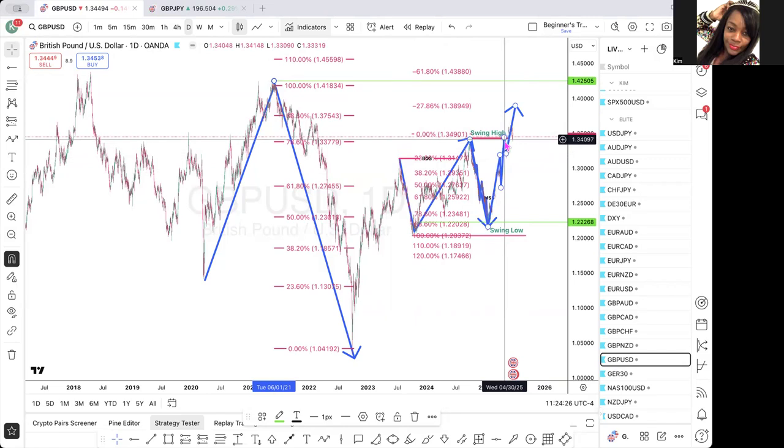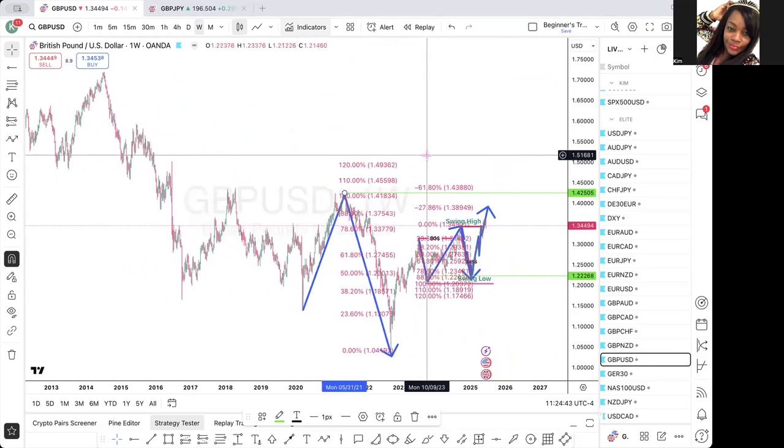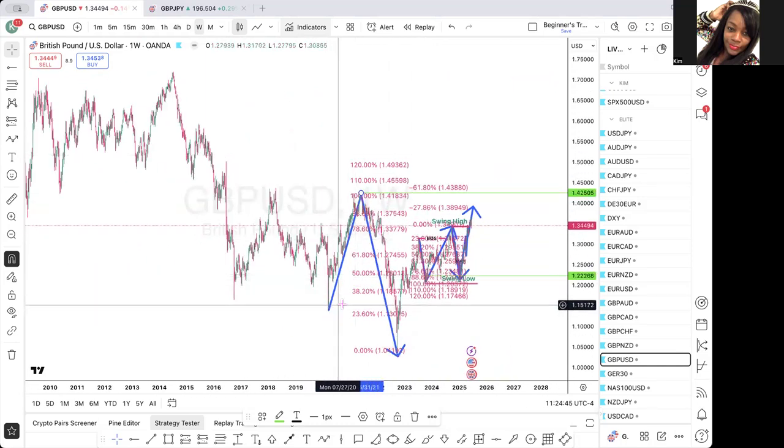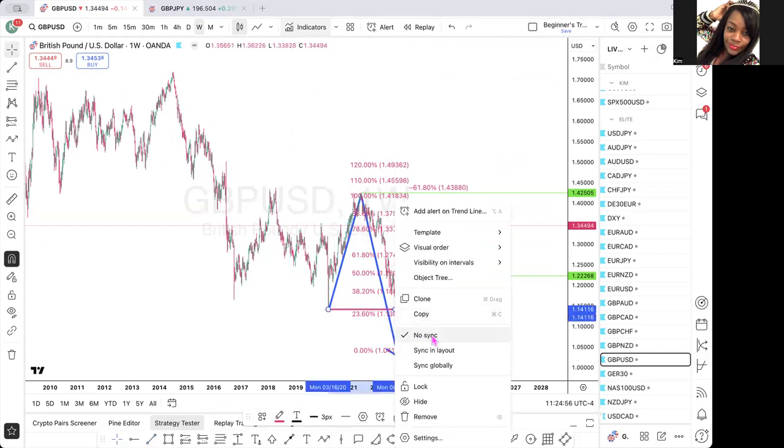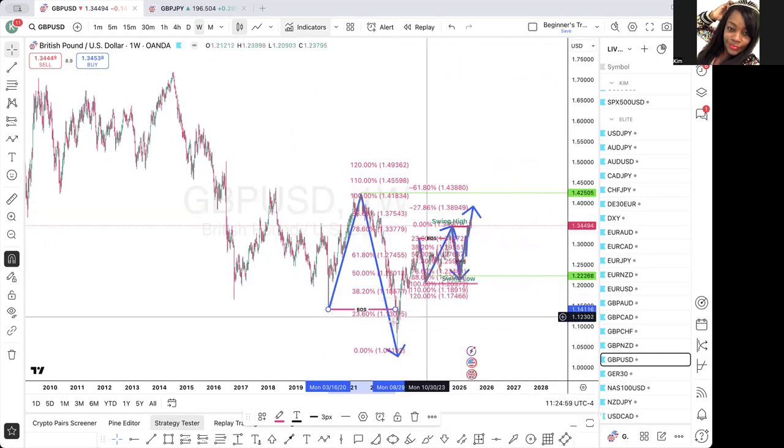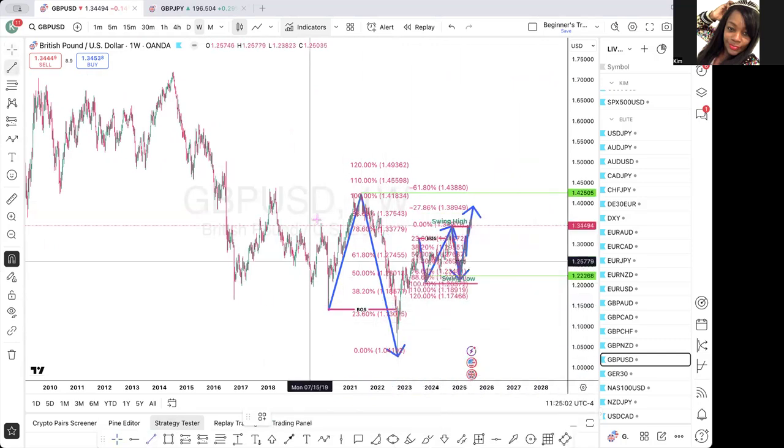I am so focused on market structure that I do not care about anything else other than the structure. So, with that being said, based off of higher time frame, we had a break of structure here, and I'm hoping that y'all are picking up what I'm putting down, okay? I am hoping that you are taking notes and understanding exactly what I'm saying. If not, I need for you all to ask the question.